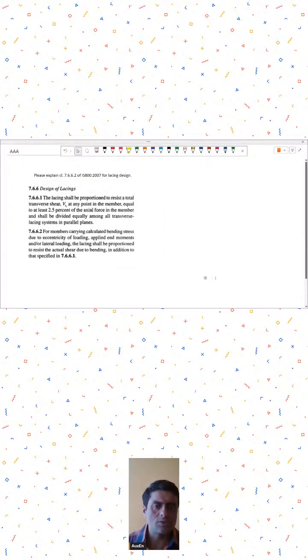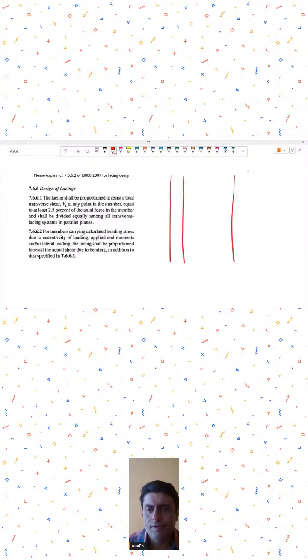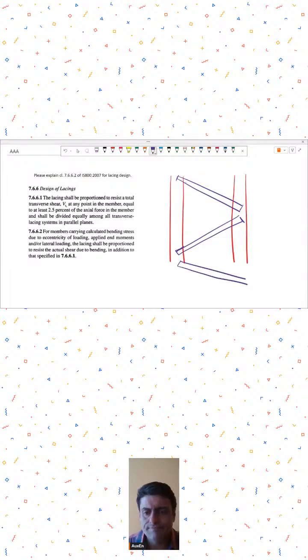Design of lacings. So in a built-up steel column, for example, if I were to draw over here, this is my, let's say, steel column, and these are my lacings, and whatever I'm using, maybe flats or angles as my lacing elements, something like this.